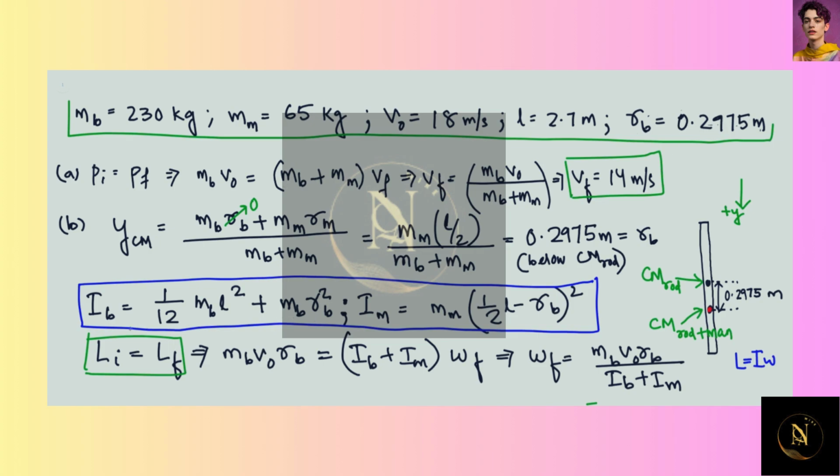After calculating I_B and I_M, plug them over here, and plug the mass of the beam, the initial velocity, R, and R_B that we just calculated, that's already written over here. Plug that as well, and you find omega f to be equal to 5.307 radians per second. So this is the final angular velocity when the man is included in the rod.